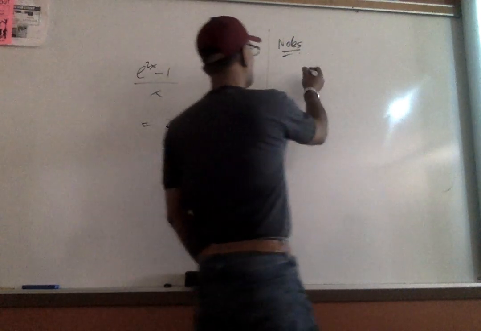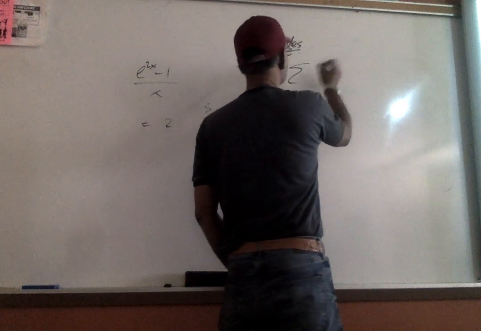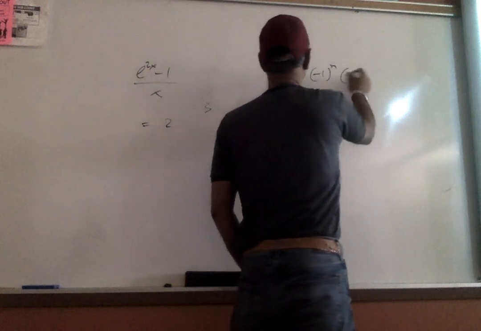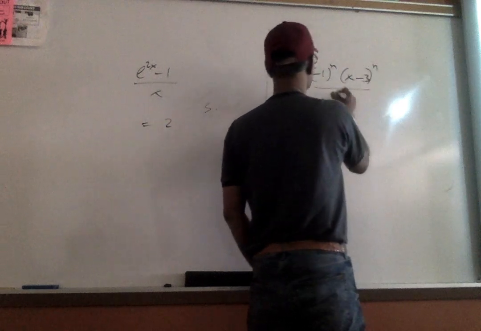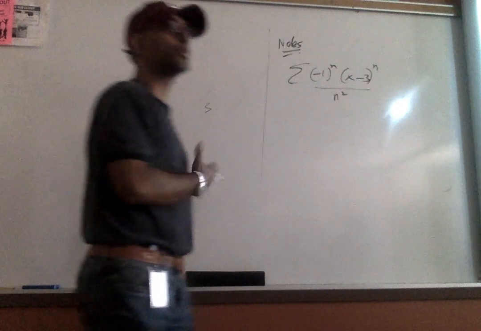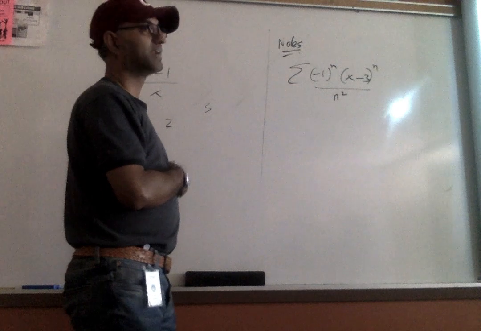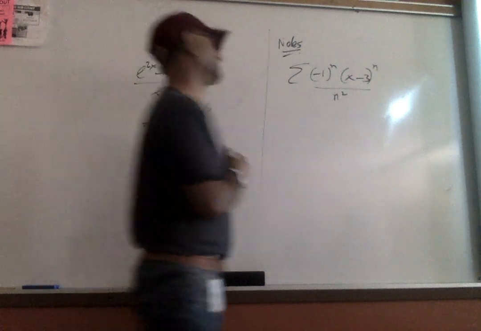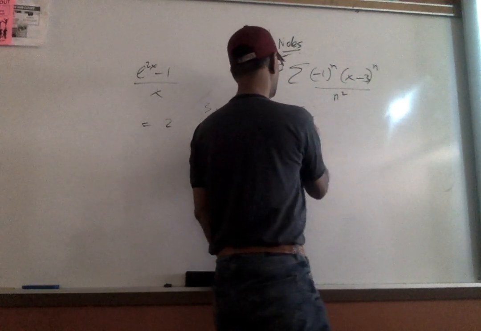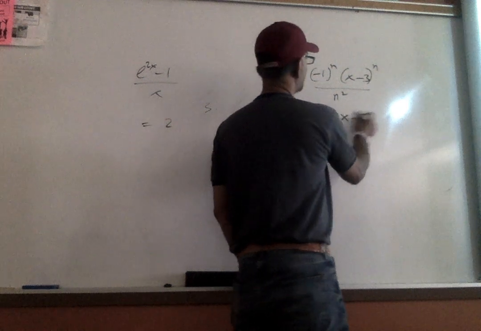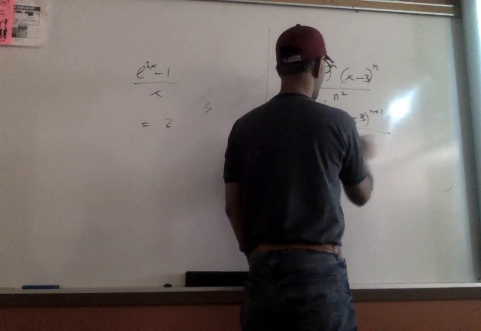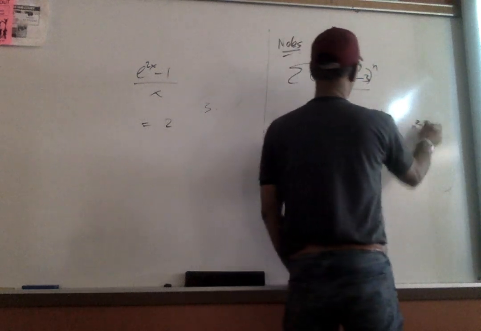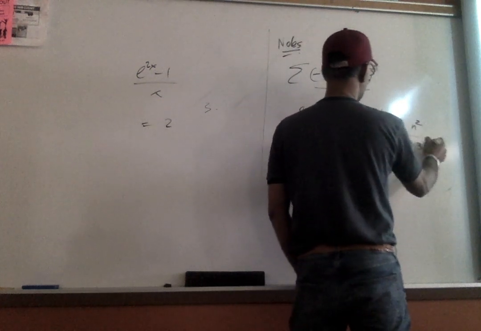Assume you have the series. I'm just making this up. This is an example. Say (x minus 3) to the power n over, say, n squared. I want to show you a concept. It relies on you knowing that concept. When I take the ratio test, it becomes (x minus 3) to the power n plus 1 over (n plus 1) squared, times n squared over (x minus 3) to the power n.